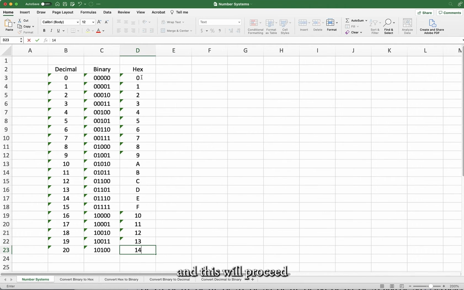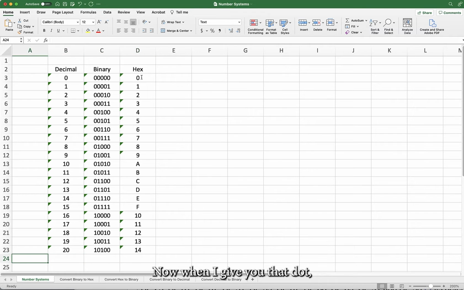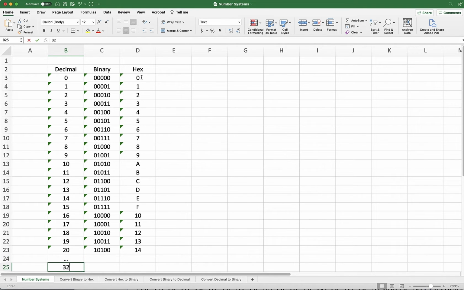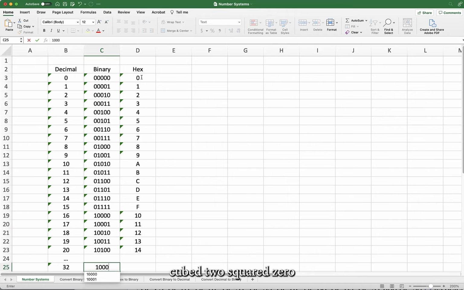And this will proceed similarly. Now when I get, I'm going to do dot, dot, dot, dot, dot, and I'm going to put 32 here. 32 is going to be 2 to the 5th plus 0, 2 to the 4th plus 0, 2 cubed, 0, 2 squared, 0 2s, and 0 1s.